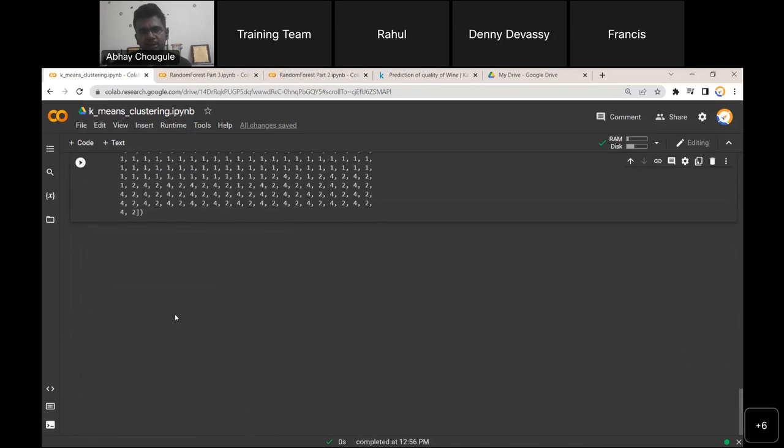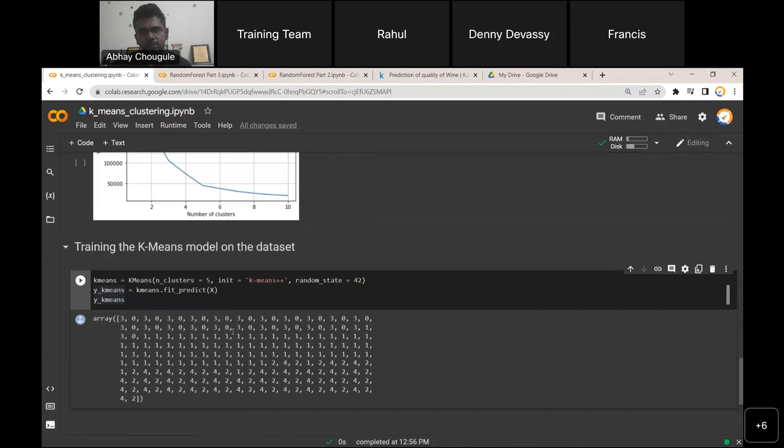First observation will come in the third cluster. Second will come into the zeroth cluster, then the third cluster, and similarly. Each and every one will give you the output.